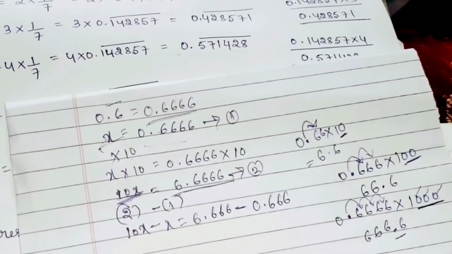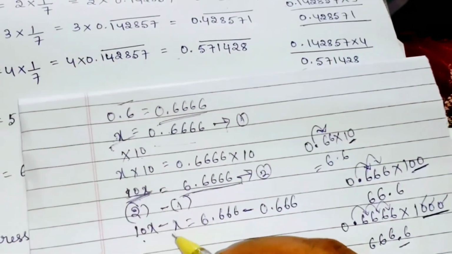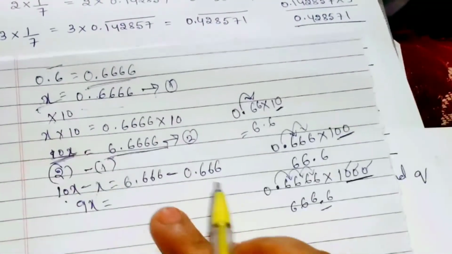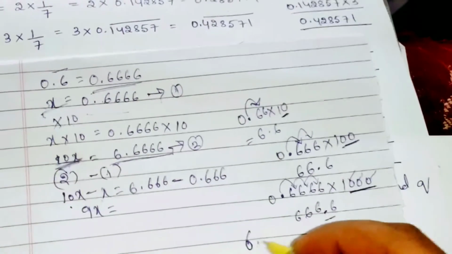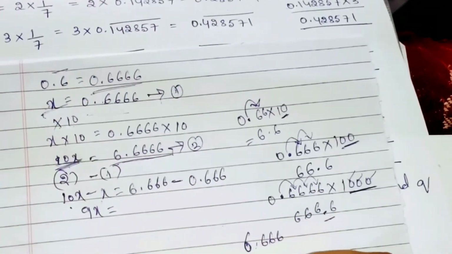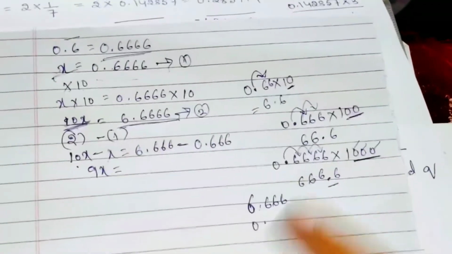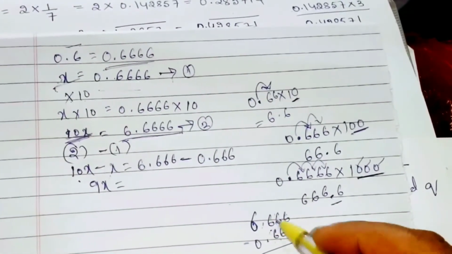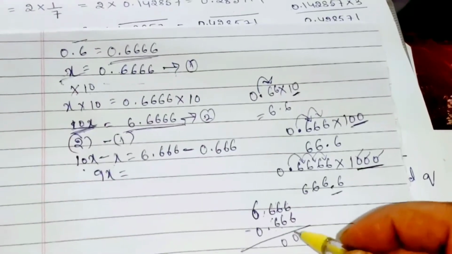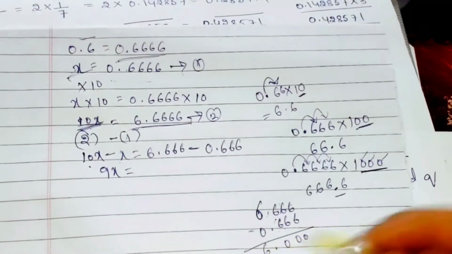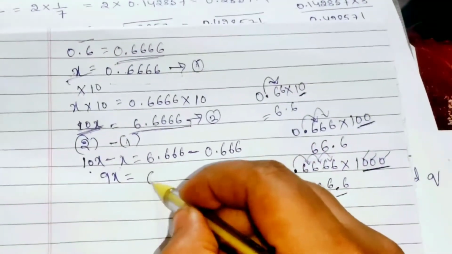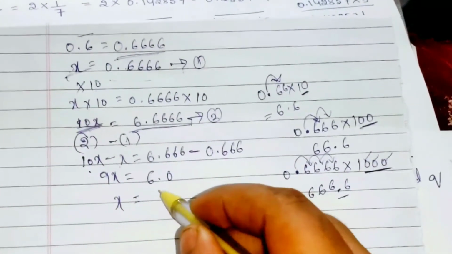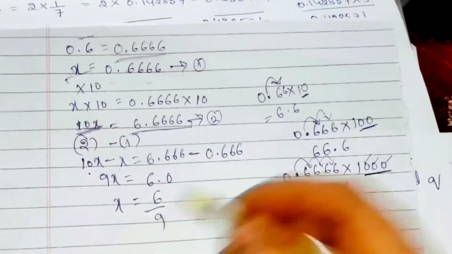Now if you subtract, what will you get? 10x minus x is 9x. And on the right, if you subtract 0.666 from 6.666, all the terms are similar. You will get 0, 0, 0 and here 6. Now what is the answer? That is 6.0. Now write x is equal to 6 by 9.